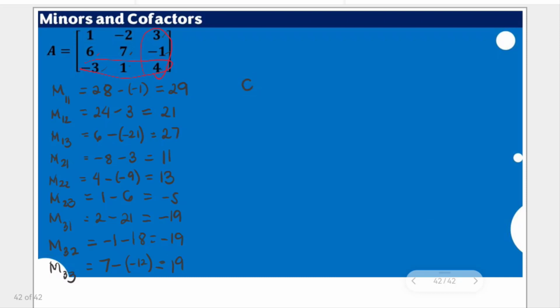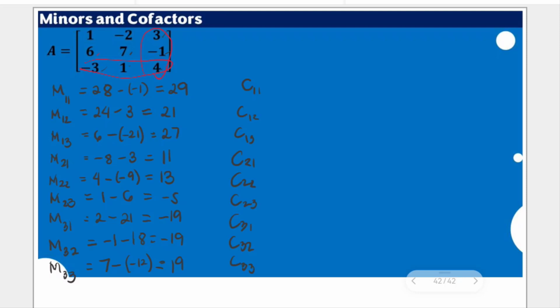So cofactor 1, 1, cofactor of 1, 2, 1, 3, 1. So you have cofactor of 2, 1, 2, 2, 2, 3, then 3, 1, 3, 2, and then 3, 3. The cofactor will use the result of your minor.